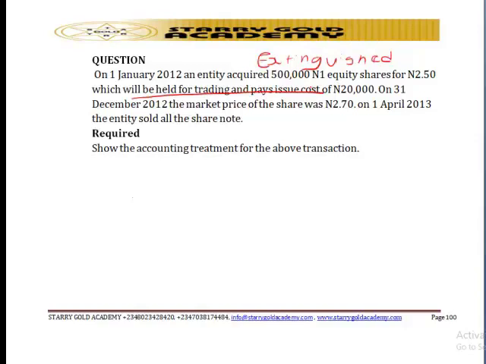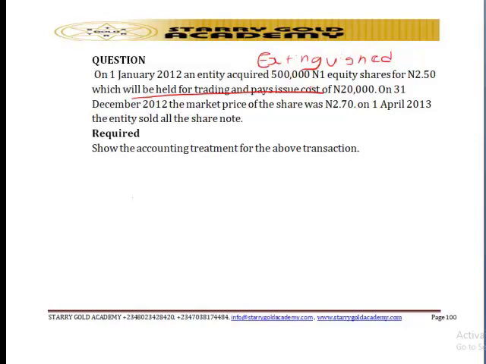Fine. Now you've been able to know whether this particular financial instrument is a financial asset or a financial liability. You look at the entity. If the entity issued, or they acquired, pay attention to the word used, acquired 500,000 equity shares for 2.50, which will be held for trading.